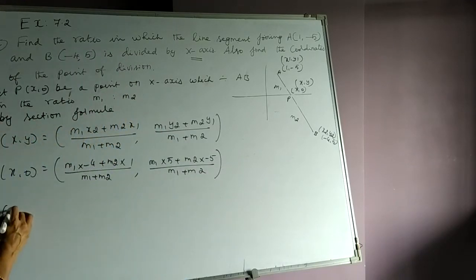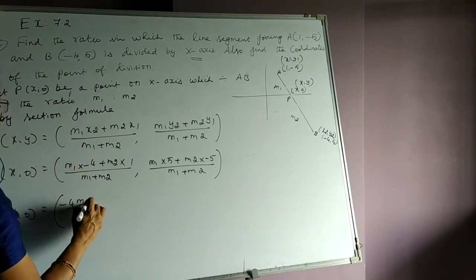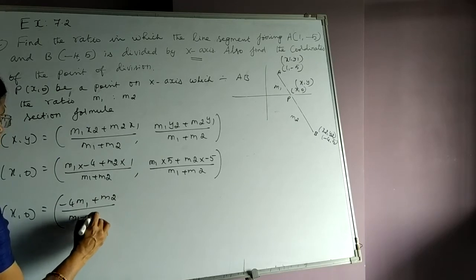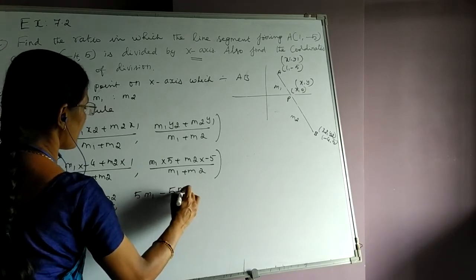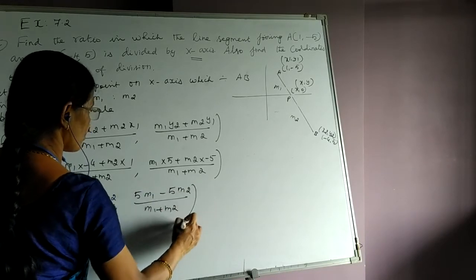Okay. It is x, 0 which is equal to (minus 4 m1 plus m2) upon (m1 plus m2), and here (5 m1 minus 5 m2) upon (m1 plus m2).